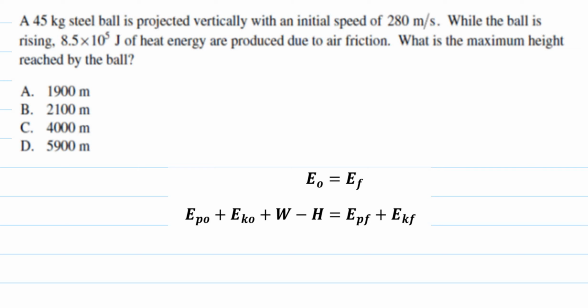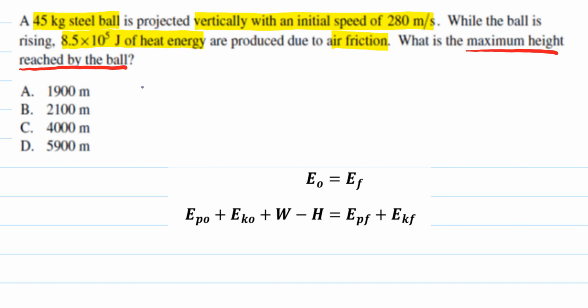All right, let's take a look at another one of these word problems, and we have a 45 kilogram steel ball that's projected vertically with initial speed of 280 meters per second. And while the ball is rising, we have 8.5 times 10 to the power 5 joules of heat energy produced due to air friction. And we want to find the maximum height reached by the ball here.